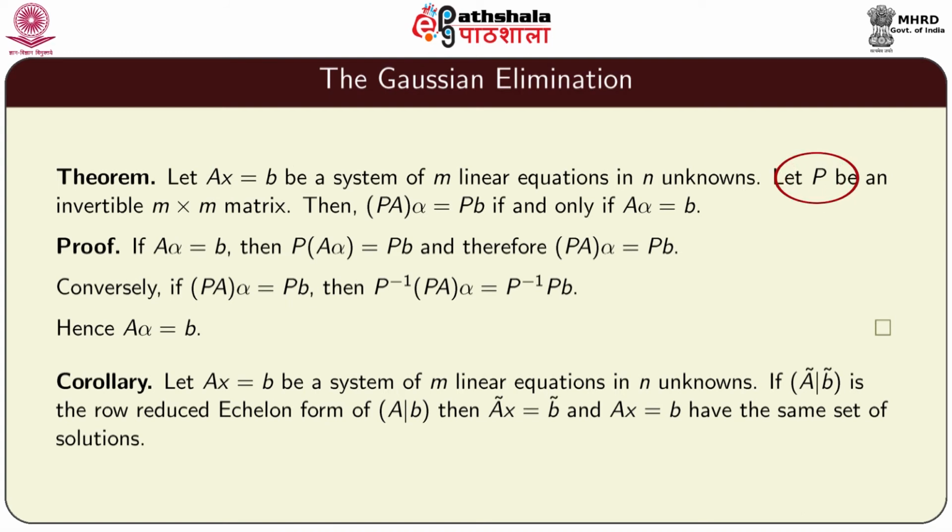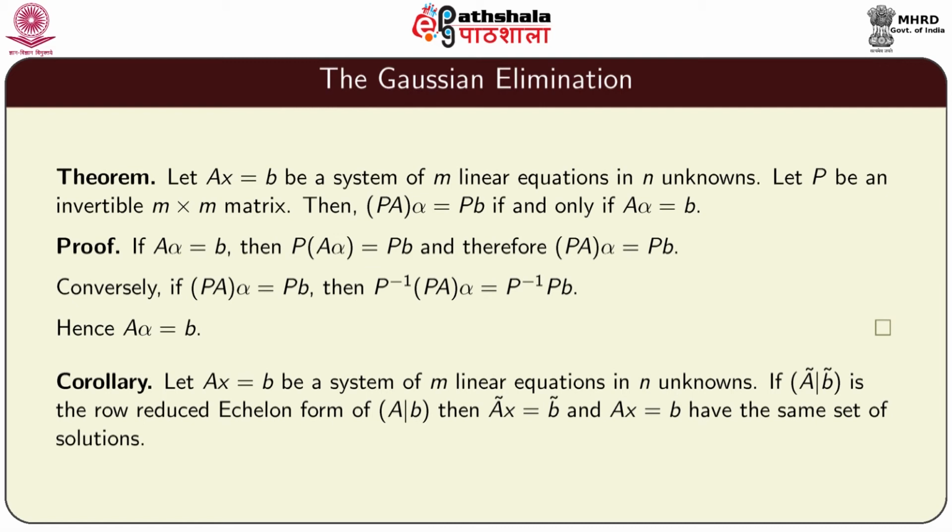Let P be an invertible m cross m matrix, then PA alpha is equal to PB if and only if A alpha is equal to B. Now, recall that A is an m cross n matrix, because Ax equal to B is a system of m linear equations in n unknowns, and we are taking a left multiplication of A by P. So P has to have m columns.